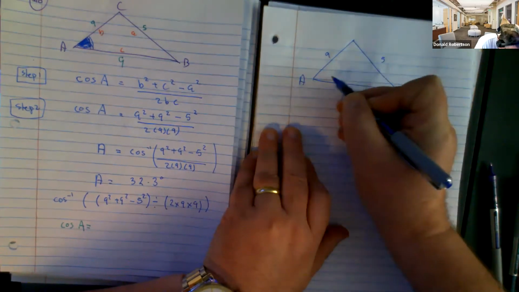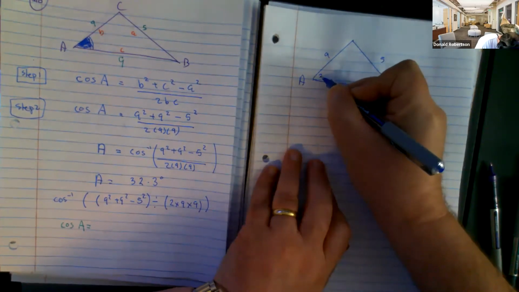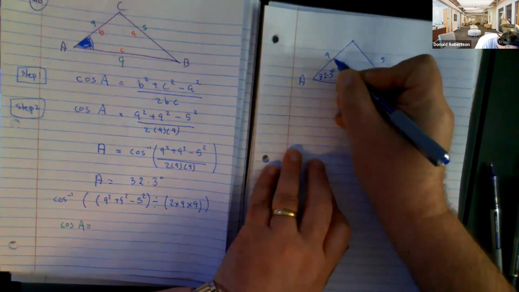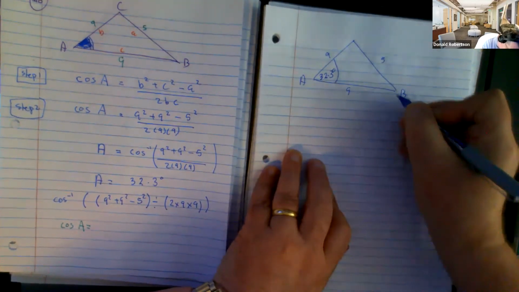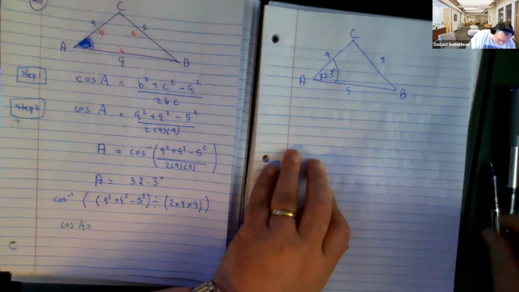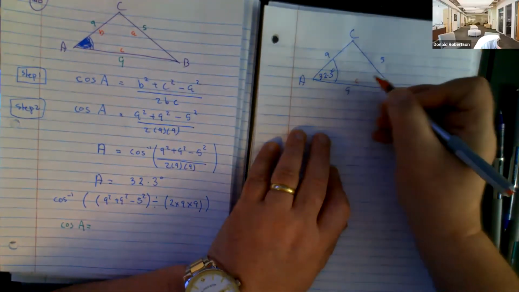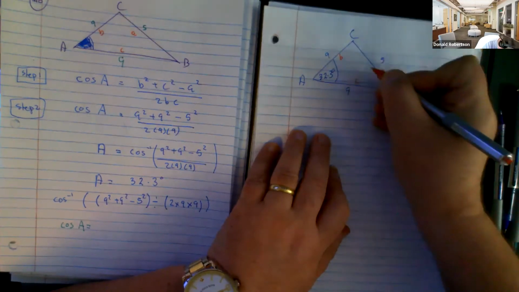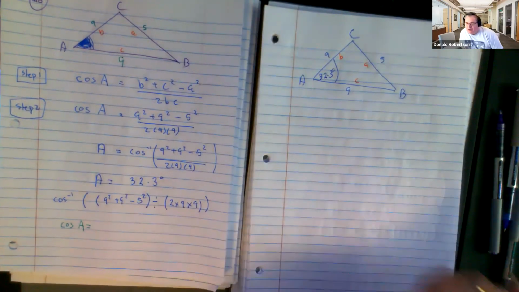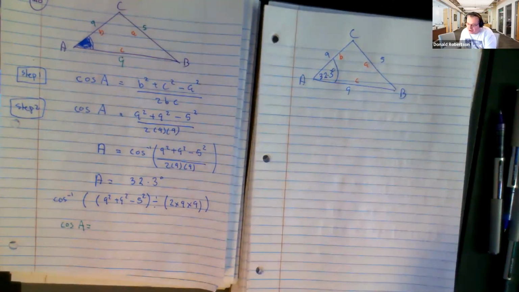There's A. Oh, but I know A is 32.3 degrees now. And here is B, and here is C. Now that you know one of the angles, you could just use the sine rule, correct? Exactly. You are ahead of me. Well done. If I wanted to find angle B, I could now use the sine rule.